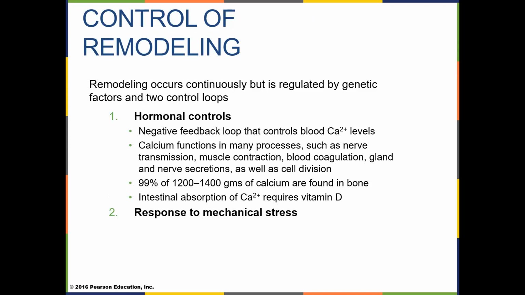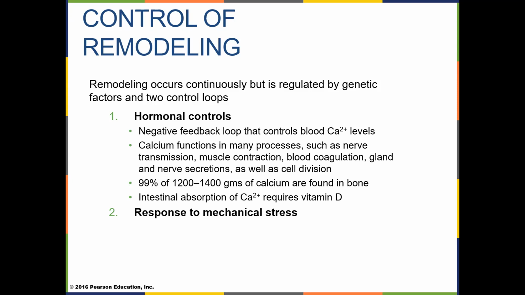Remodeling of our bones takes place continuously. We control it through the use of our hormones. We use negative feedback to control our calcium levels. And we see all the things that calcium is important to us for.